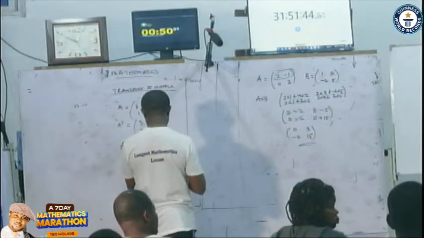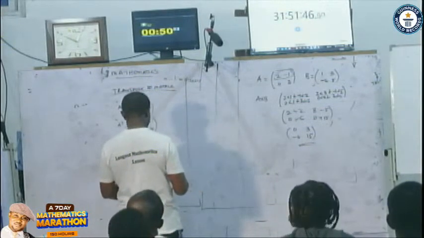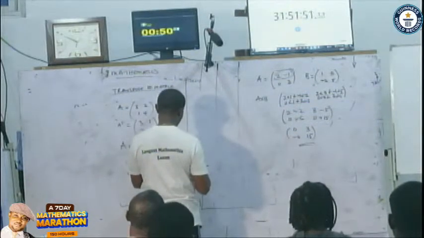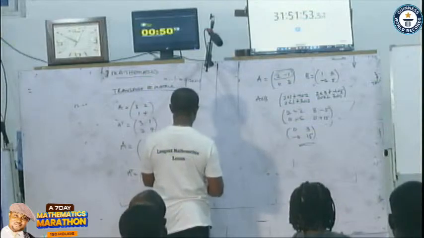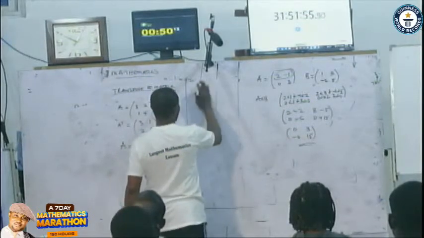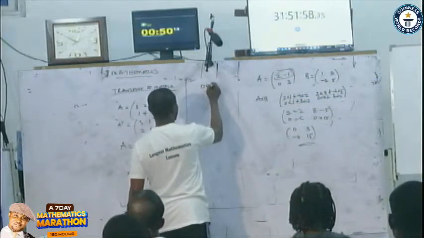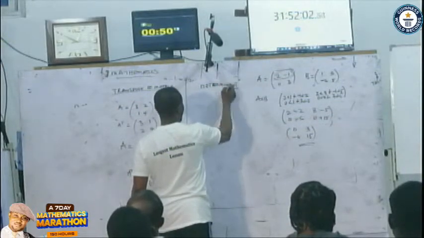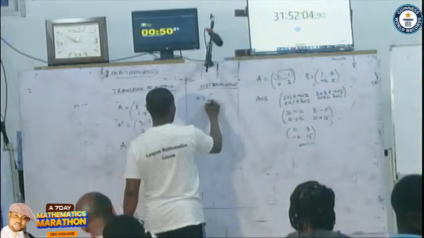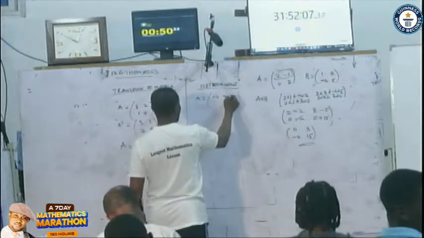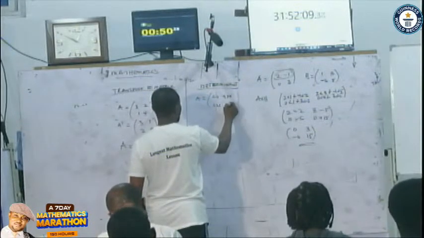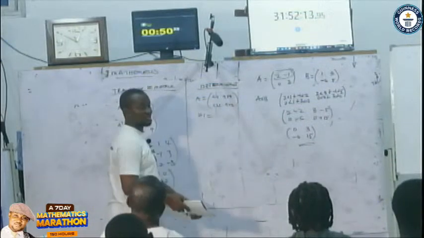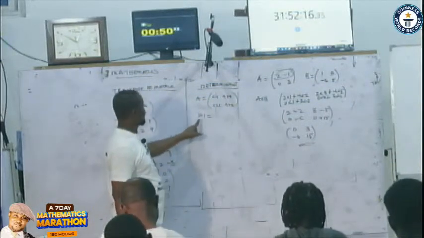Now let's go with what we call determinants. Determinant of a matrix. If you have A equal to A11, A12, A21, A22, and you're asked to find the determinant, this symbol means determinant.